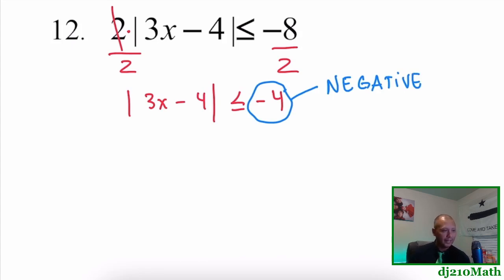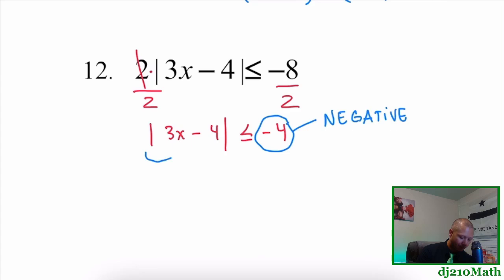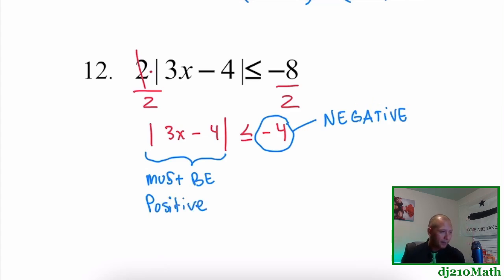So when it's negative, you have to consider what's happening. First off, absolute values are always positive. This thing must be positive.